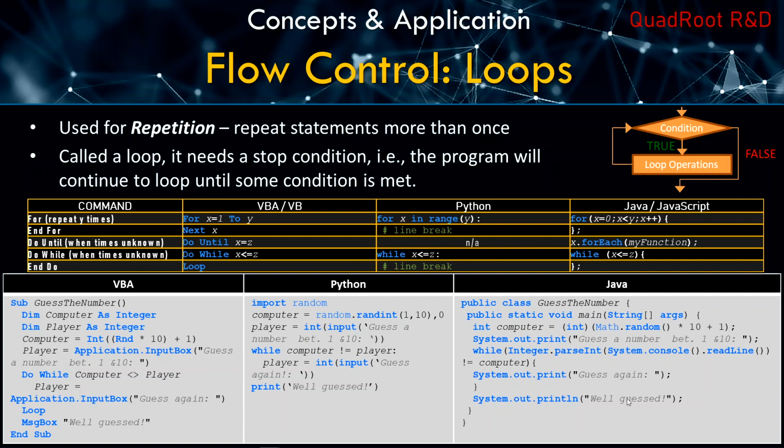Else you print well guessed. So it's pretty straightforward. The most efficient seems to be Python in terms of the number of lines of code, but pretty similar except for the syntax.